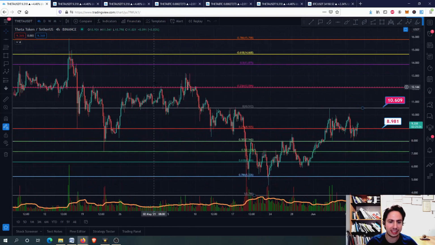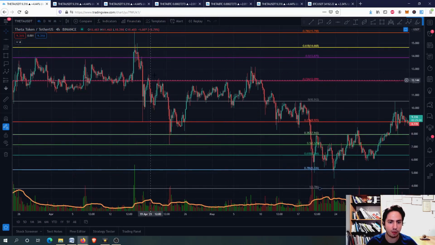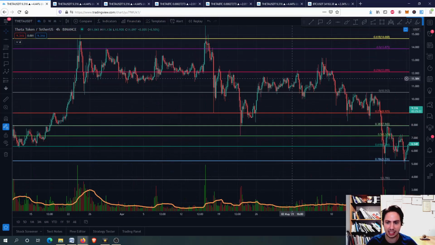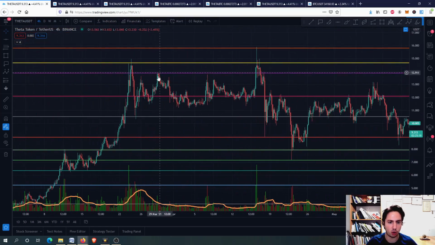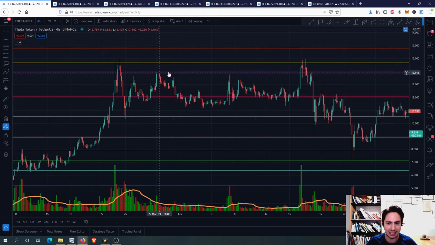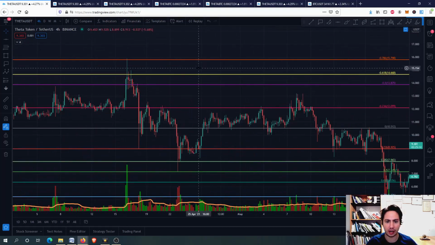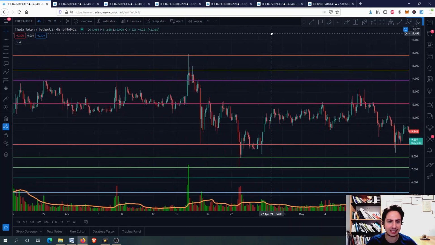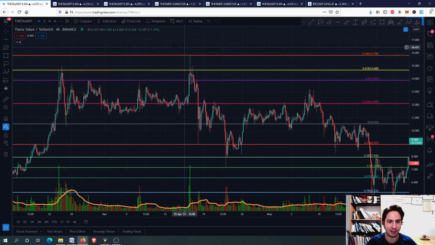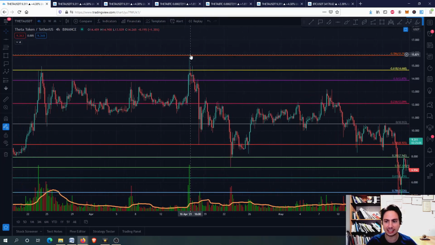Minus 0.236 is the line that we found resistance multiple times here, for example. Minus 0.5 is our almost previous swing high right here. Minus 0.618 is our previous high, and minus 0.786 is this swing high that was the highest on 16th April.